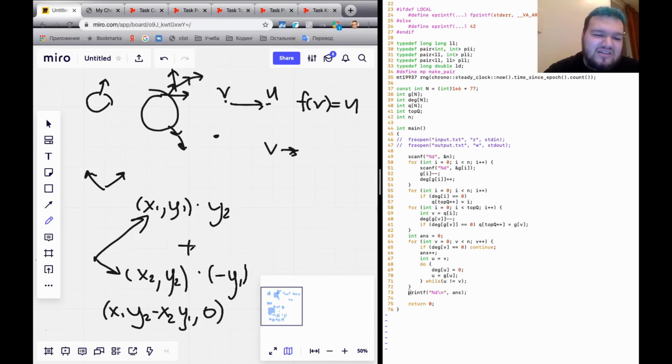It's one of the great properties of GCD: the GCD of some set of numbers is the smallest positive number that can be represented as a linear combination of this set with integer coefficients.